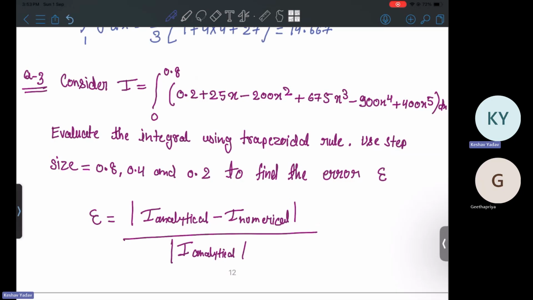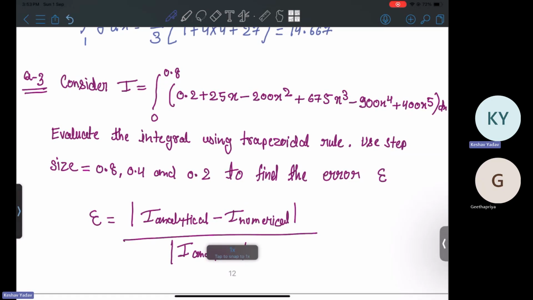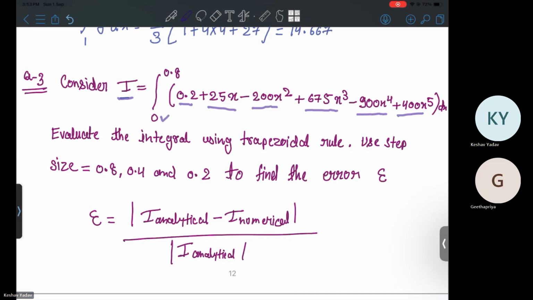Now this is the next problem. Consider we wish to find this integral I equal to the function 0.2 plus 25x minus 200x square plus 675x cube minus 900x to the power 4 plus 400x to the power 5 dx, from limit 0 to 0.8.